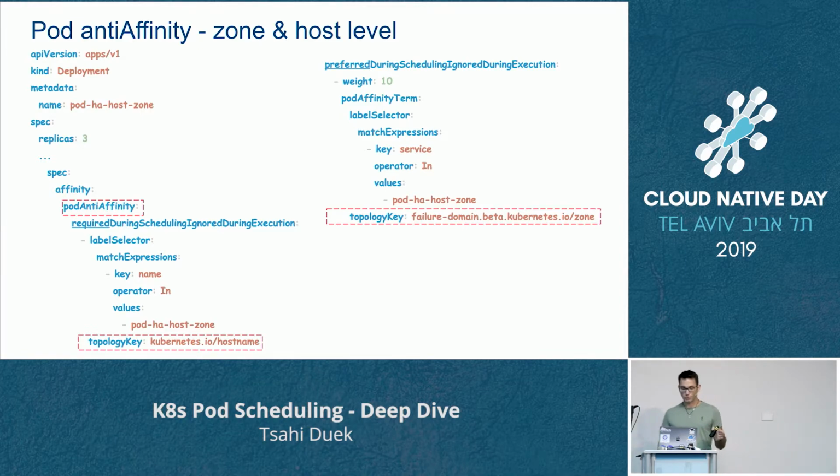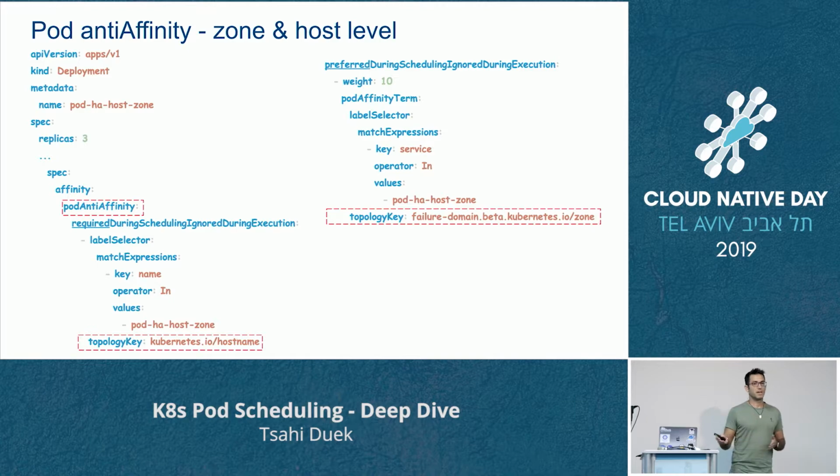One thing I want you to pay attention to, these are 2 important parameters that you should take into consideration: the required during scheduling and preferred during scheduling. Required means the kube scheduler must apply this anti-affinity rule at any cost.